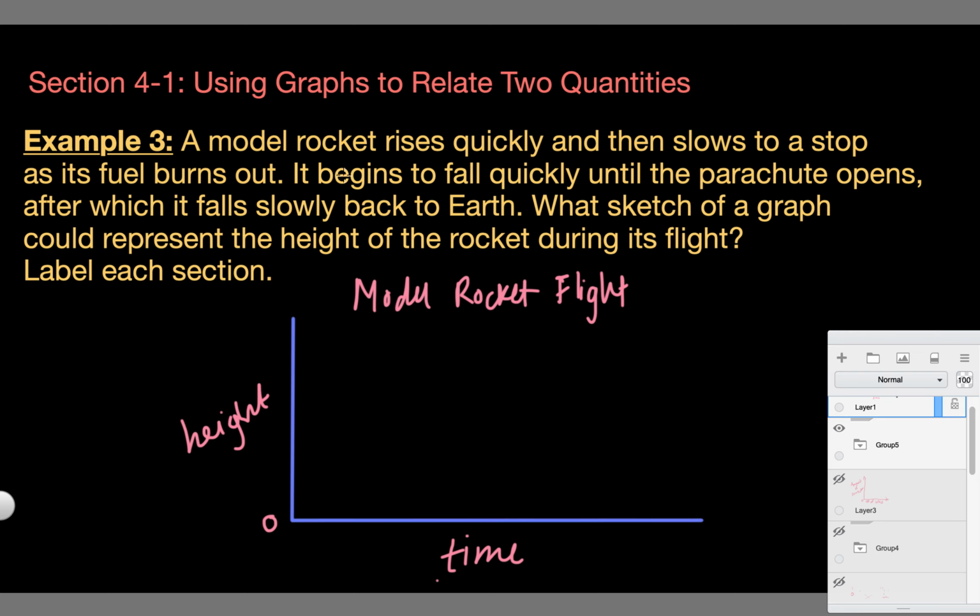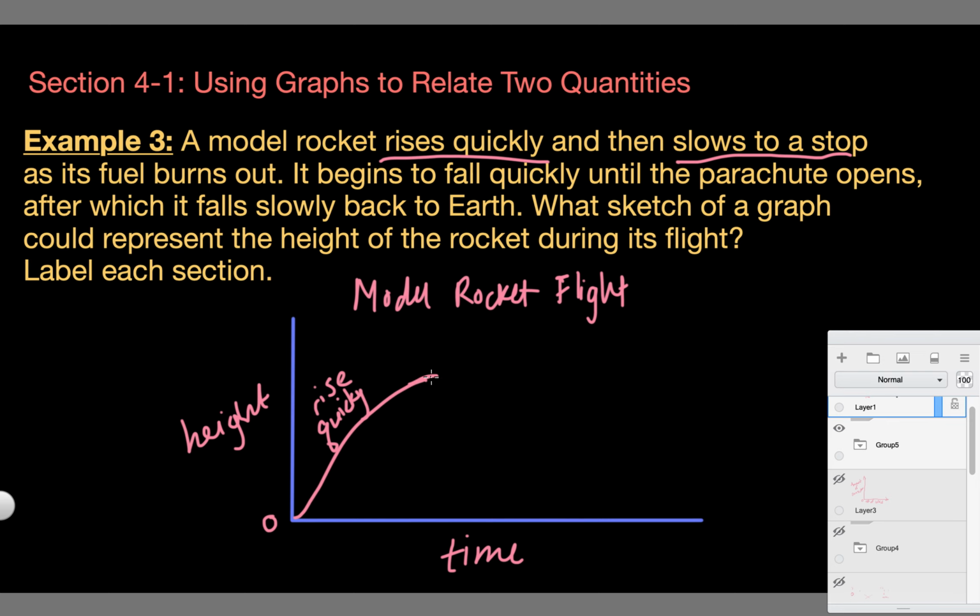So if we read this problem, it says that a rocket rises quickly and then slows to a stop. So the way that we're going to represent this is we are going to rise quickly. So this is the part that's rising quickly. And you guys want to label your graph as well. Then it says it slows to a stop. So it's going to stop.